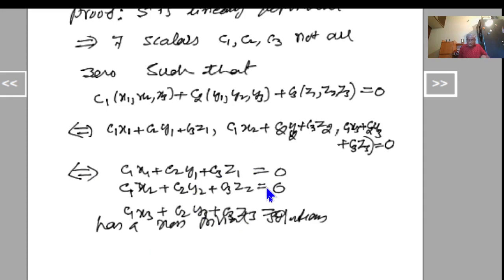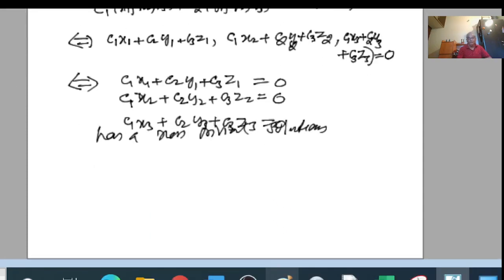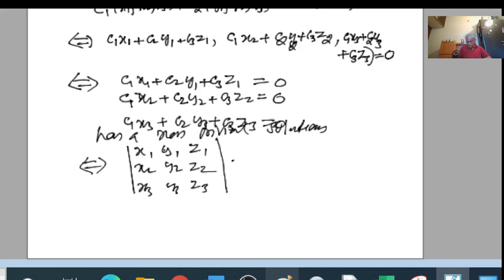That is, this implies and is implied by the determinant: first row x1, y1, z1, second row x2, y2, z2, third row x3, y3, z3. This determinant must be equal to 0. Okay.